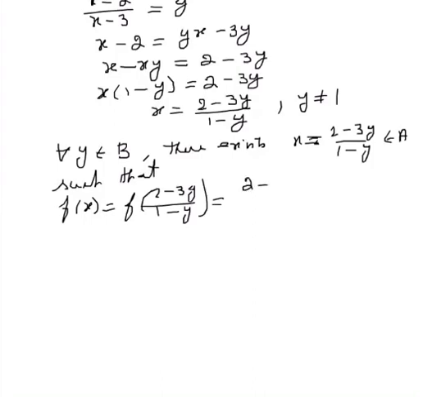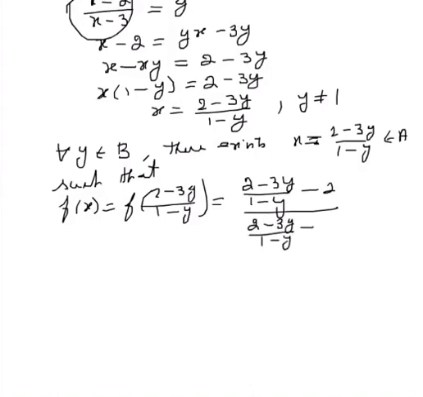X is (2 minus 3y) by (1 minus y). Substitute here in the definition. X minus 2 divided by x minus 3, x is this. So take LCM.